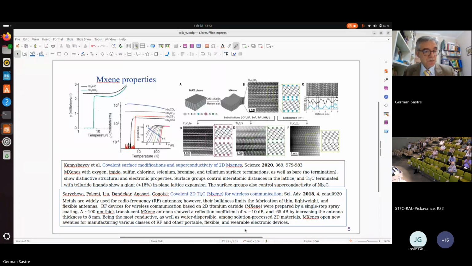Okay, well, there are many studies involving MXenes and redox catalytic processes due to the electric conductivity of these materials.